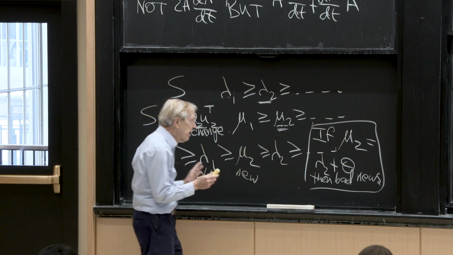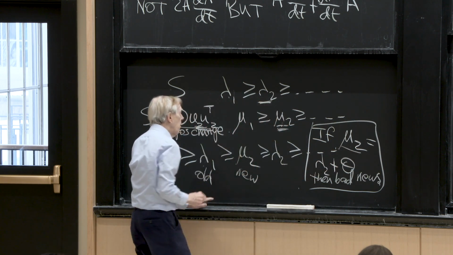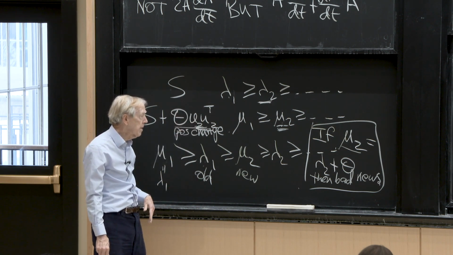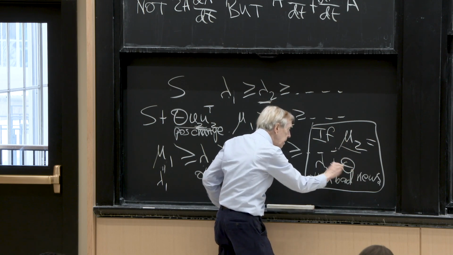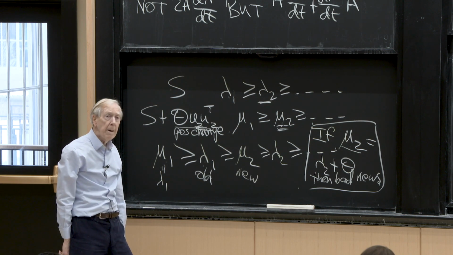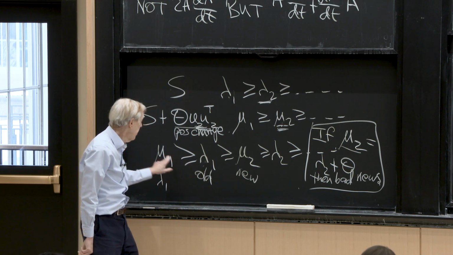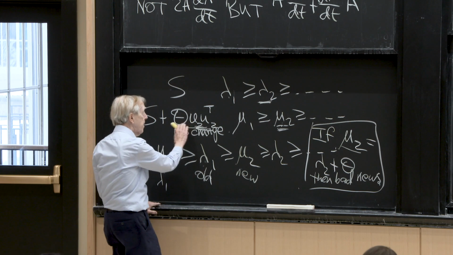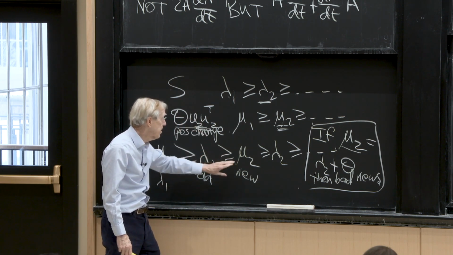So it's perfectly true that the eigenvalue that goes with U2, or maybe I should be calling them X2, because usually I call the eigenvectors X2, it's perfectly true that mu 2, that one goes up. But what happens when it reaches lambda 1? Actually, lambda 1, the first eigenvalue, is staying put because it's not getting any push from this. But the second eigenvalue is getting a push of size theta.